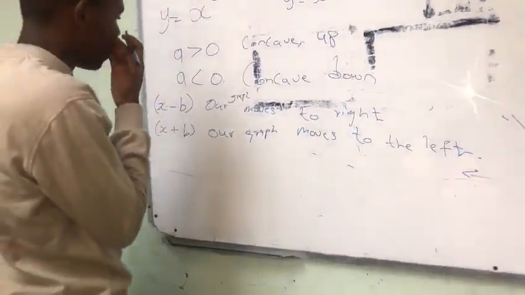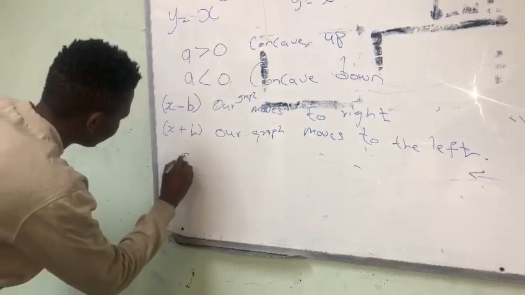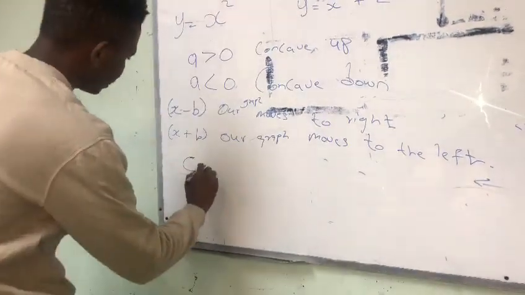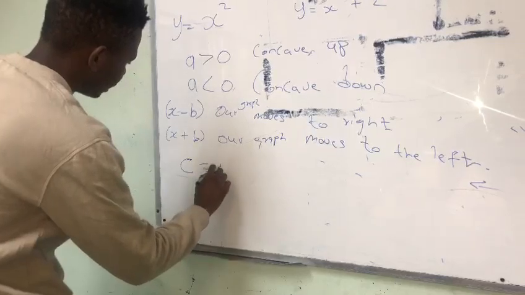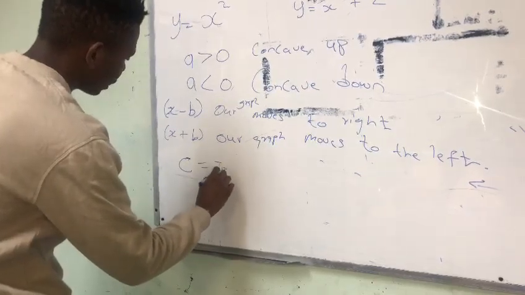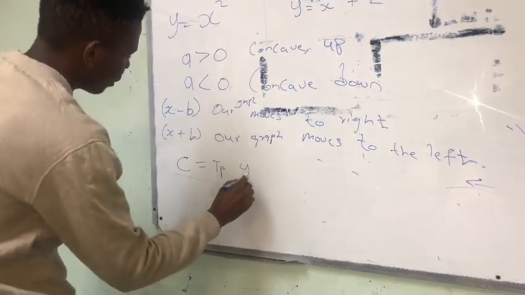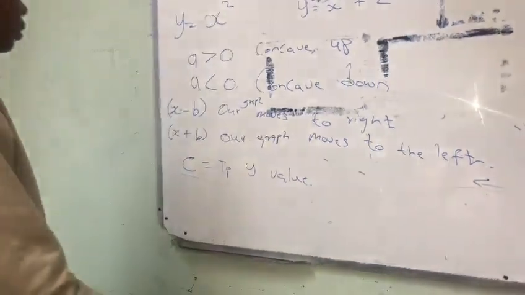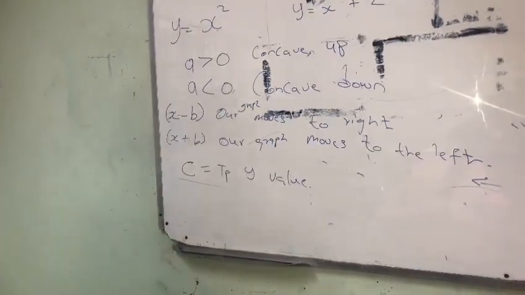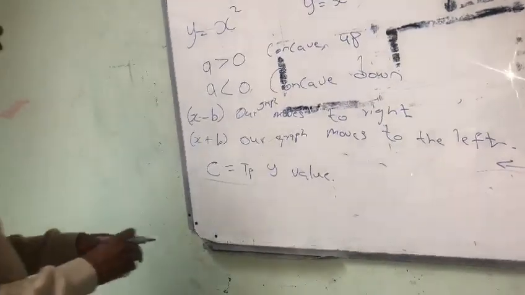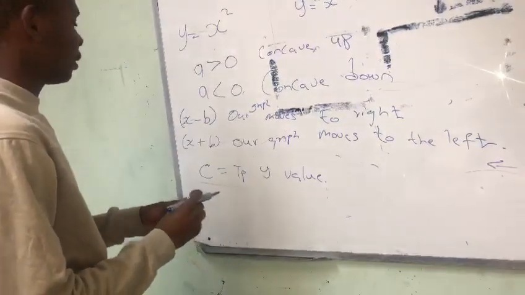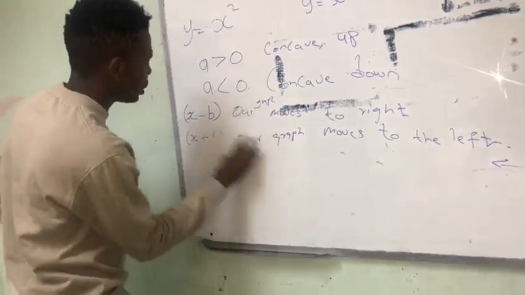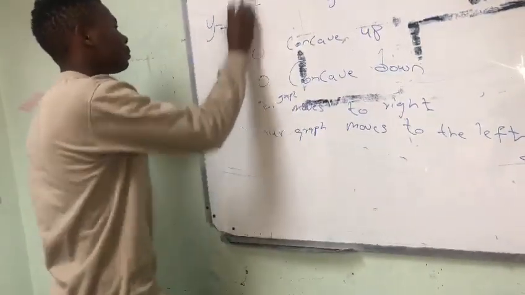Then our c is our turning point. Right, so let's have this equation and solve it.